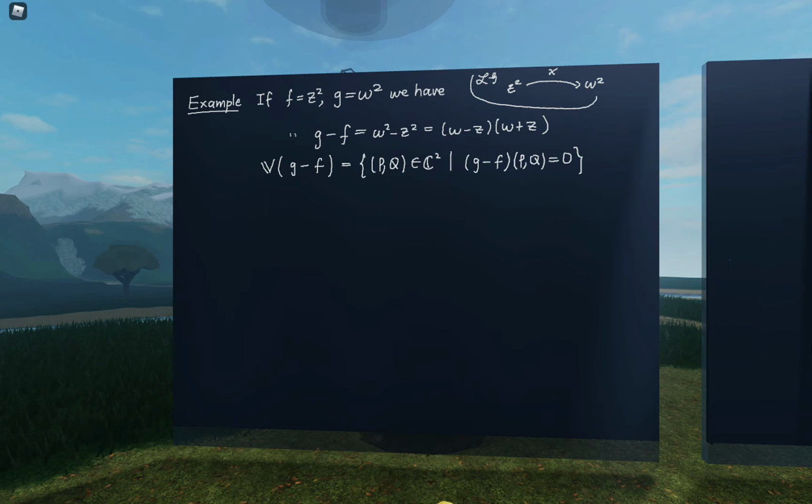Looking at the factorization of g minus f, we can see that it is exactly the set of pairs where w is equal to z, the vanishing locus of the first factor, so p equals q, union the vanishing locus of w plus z.